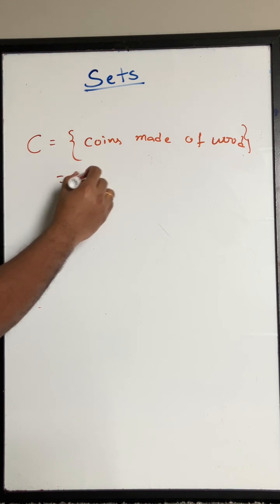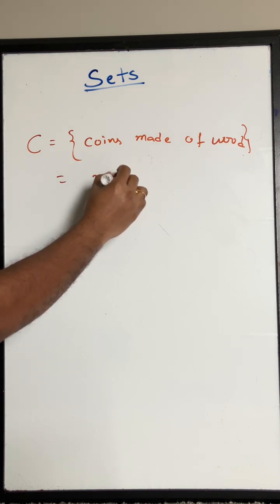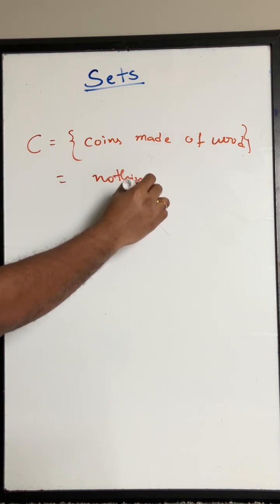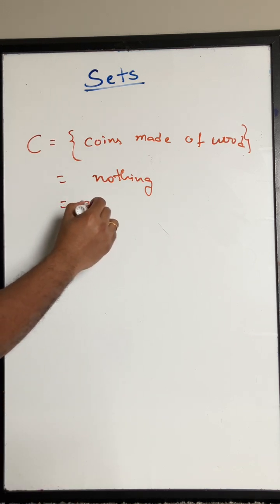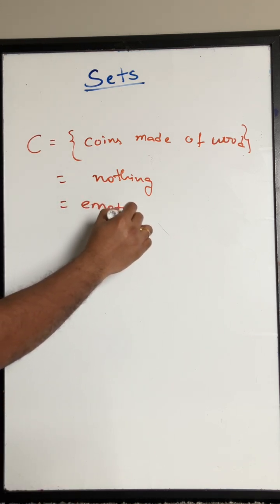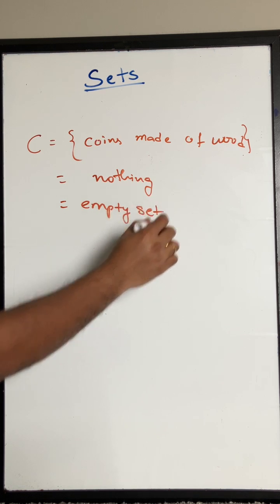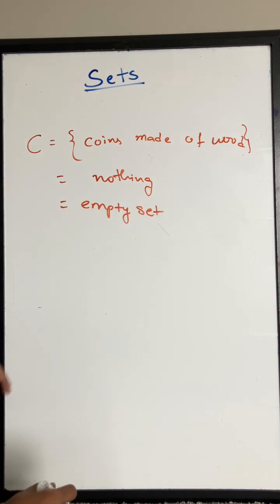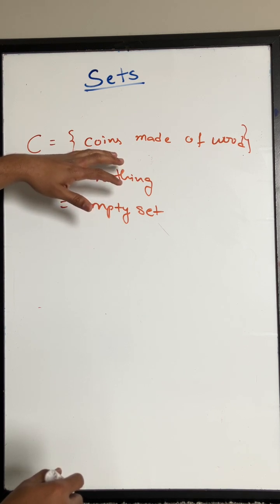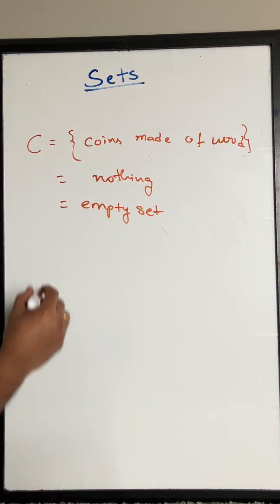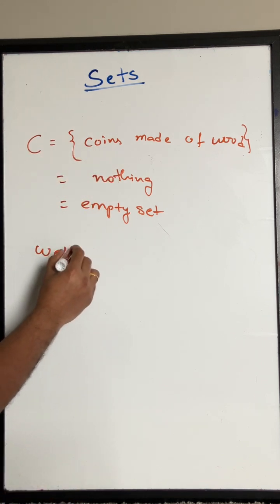So technically, this is nothing. It is empty. This set is an empty set. Okay, is it a set? Let's go by the definition. If you go by the definition of a set, it says well defined.